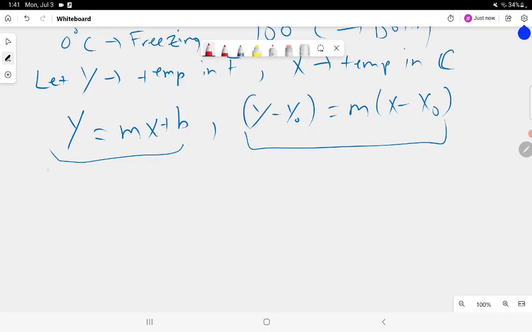So first thing is we should recognize we have 2 points. So the freezing point is 0 in the Celsius scale, and it is 32 in the Fahrenheit scale. So for my y, that's going to be 32.